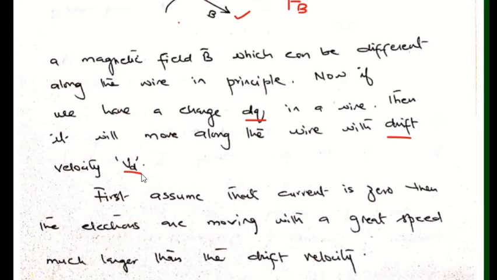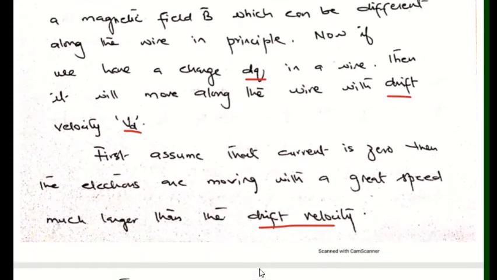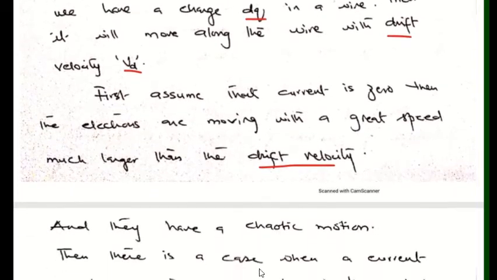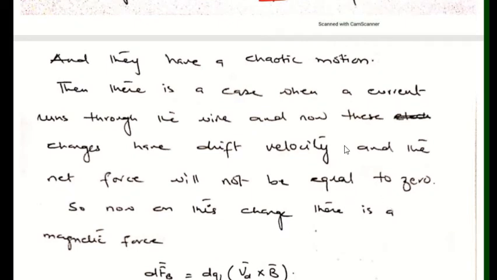Now when we have current within the conductor, the charges are moving with a certain drift velocity, which is very small compared to the speed with which the charges were moving before the presence of current. So now the charges are moving in a certain direction, and the net force will not be equal to 0.